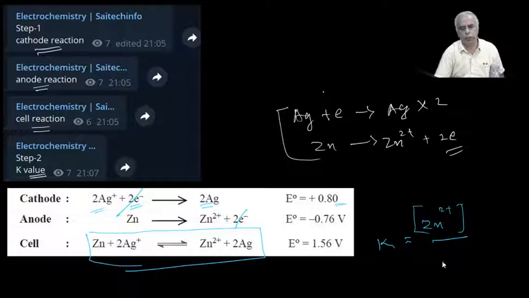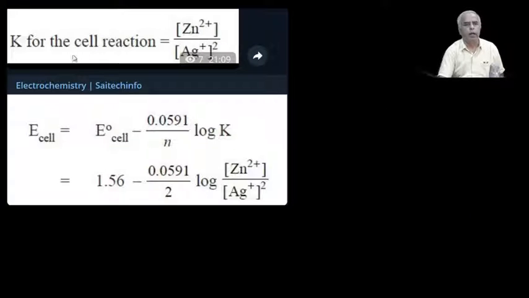Now you have Ag plus, 2Ag plus, which is nothing but Ag plus the whole square. So we have this equation: Zn2 plus divided by Ag plus whole square, and that is the equilibrium constant K.